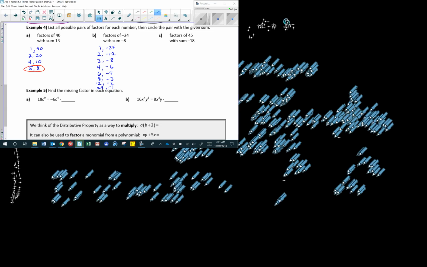It seems like the last 4 that we listed are repeats, but the negative signs are reversed. So that makes them different pairs of factors.